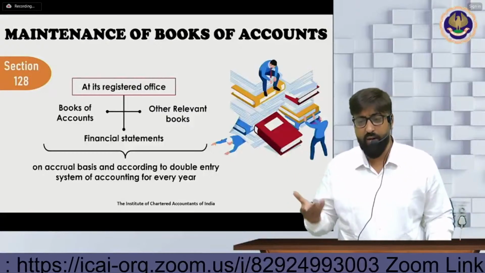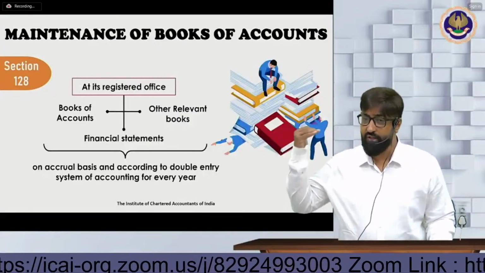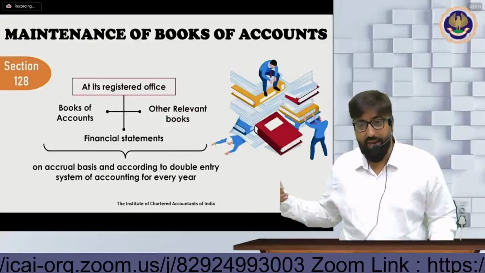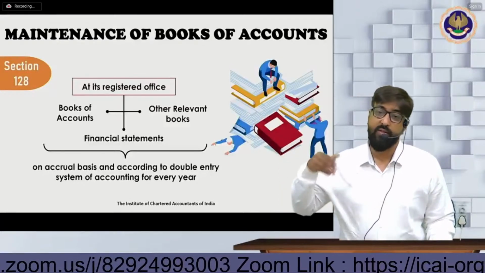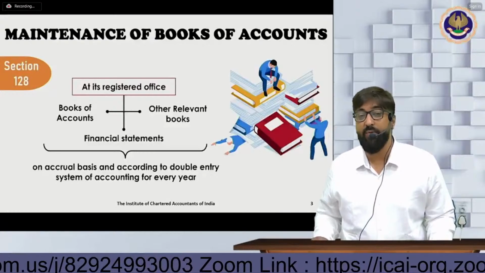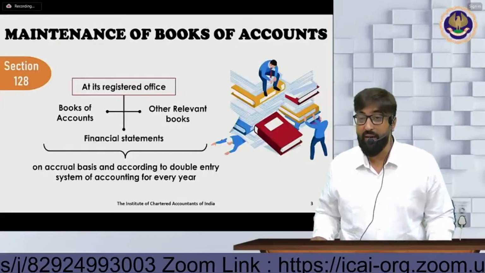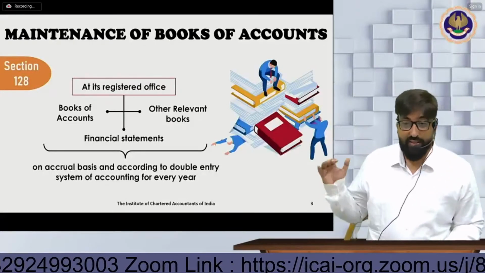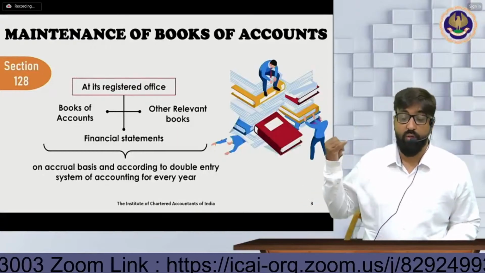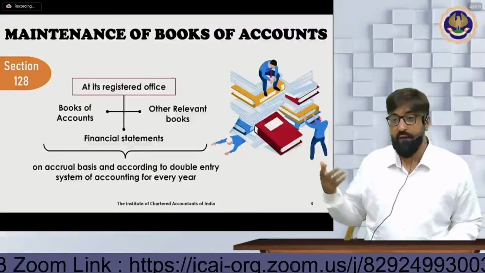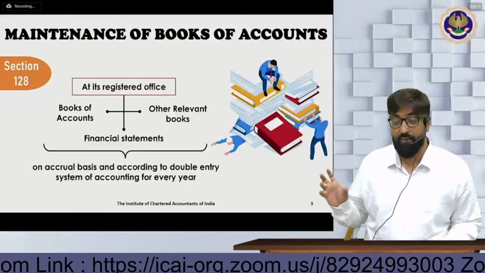You are aware of the double entry system: journal, ledger, trial balance, P&L, and balance sheet. The first 3 steps we are not going to see here, because we already understood them at the foundation level. But at inter level, you have accounting standard explanation. You already studied that. But the double entry system you do by vouching, that is vouchers and verification. You have this chapter in your audit.